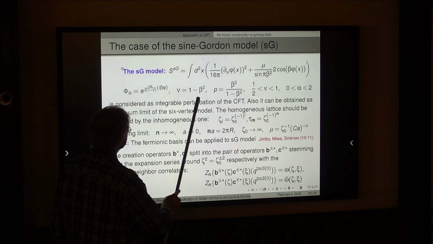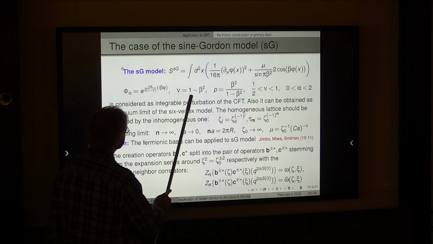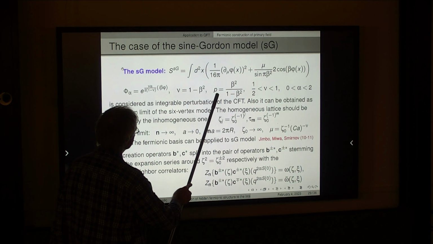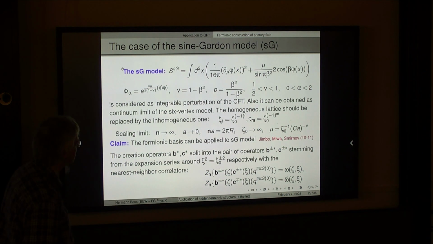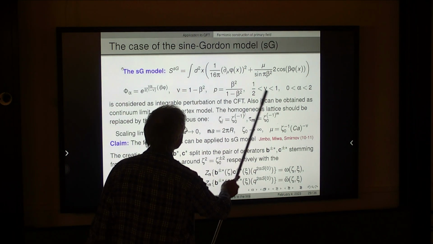So then the relation to the parameter nu that we had before is like this. Also P can be introduced. Yes, we are inside these two regions.